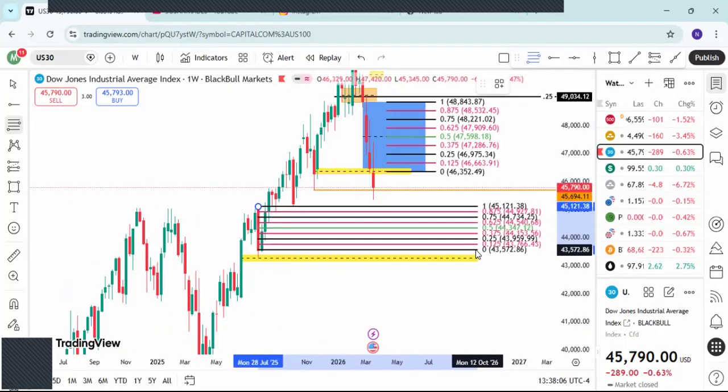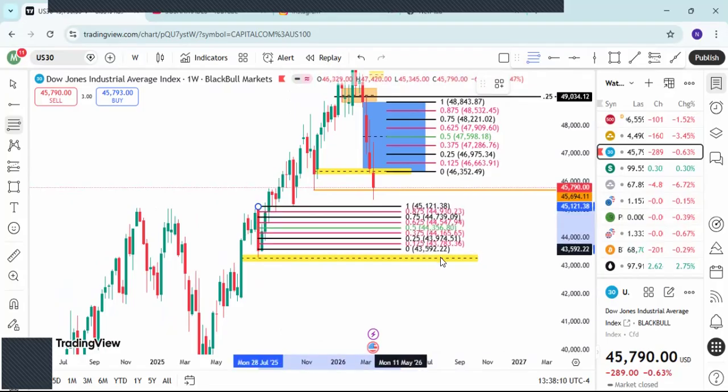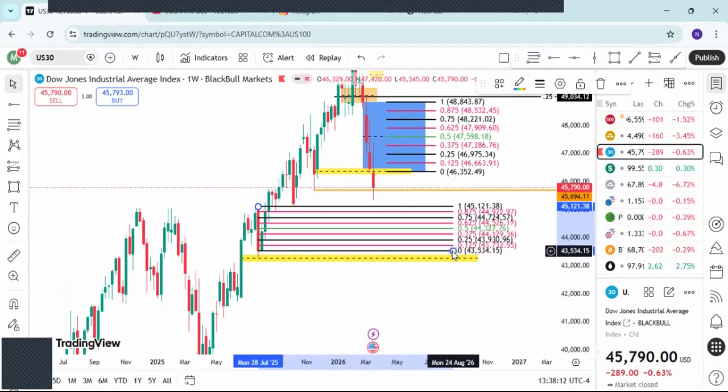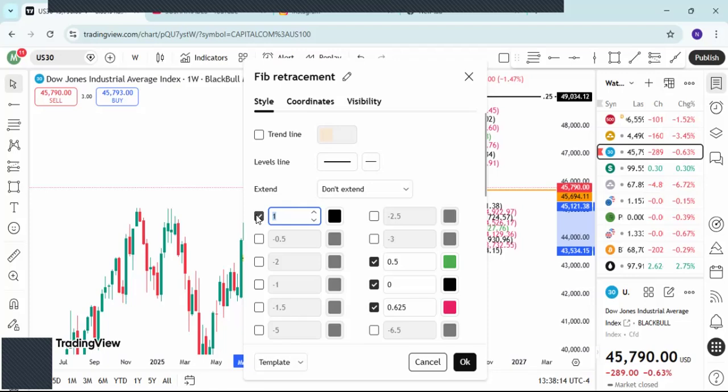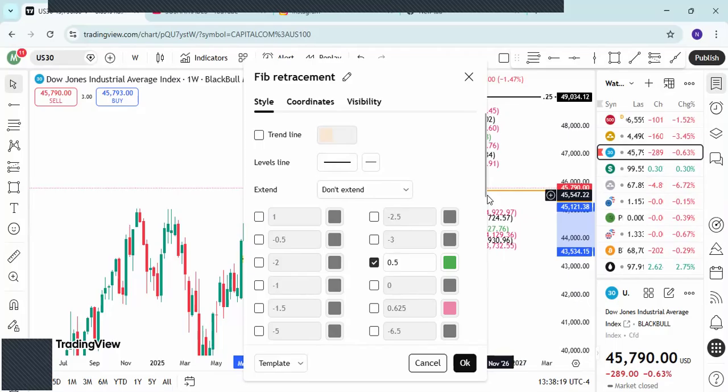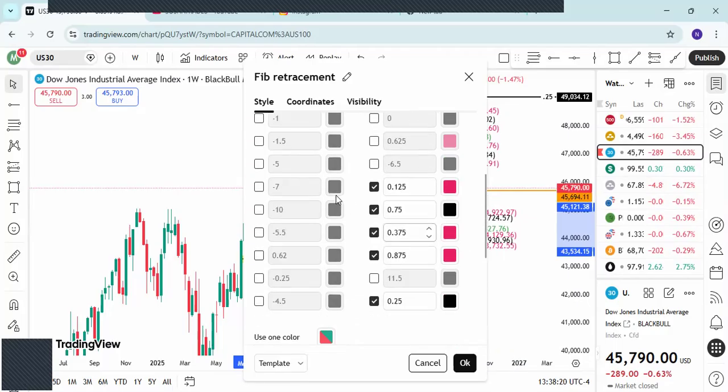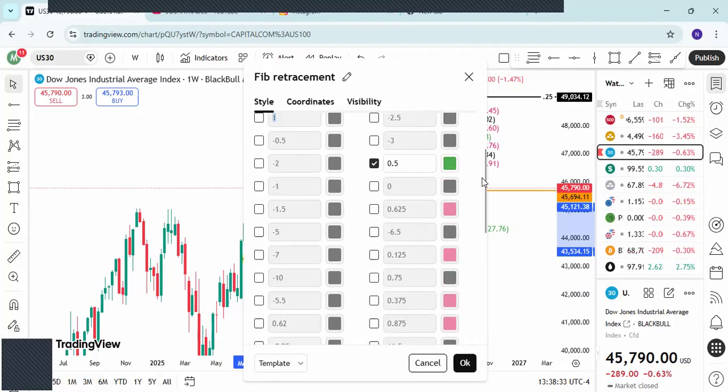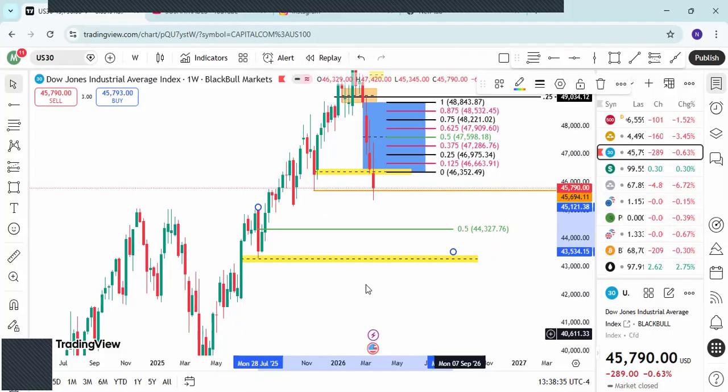There we go. I'm going to do this, this, and then remove everything and leave only 50%. There we go. I need only 50% remaining there.